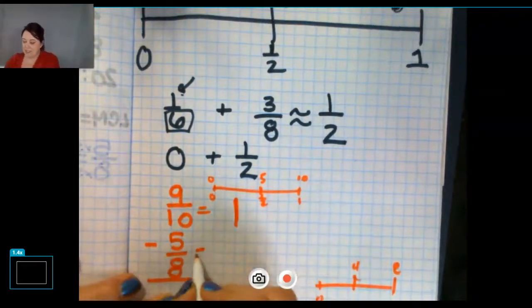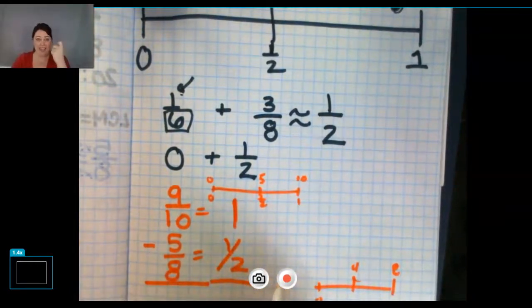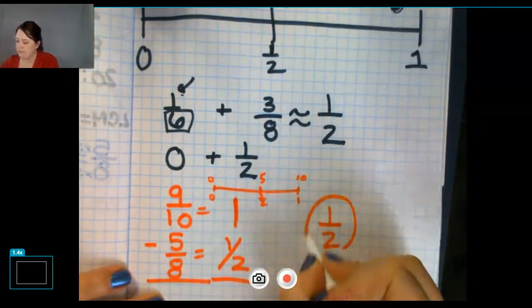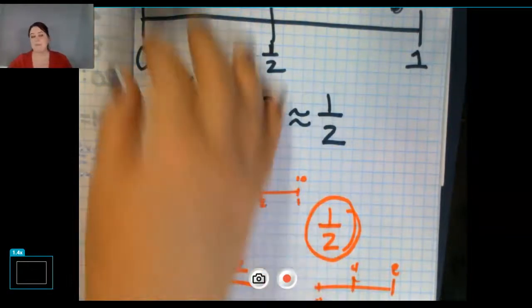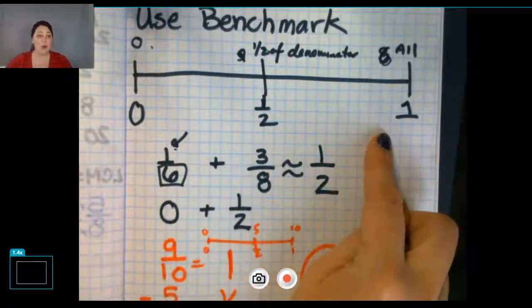So 5/8 is going to become a half. Now what is 1 minus a half? 1/2. That's what they're looking for us to do today. You're going to take the number and round it to either 0, a half, or a whole.